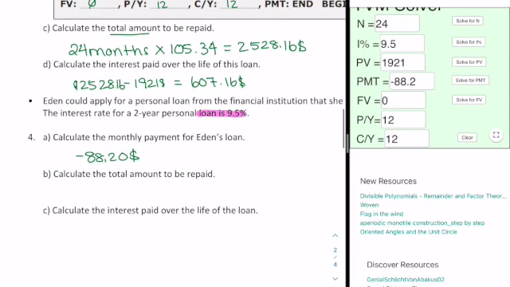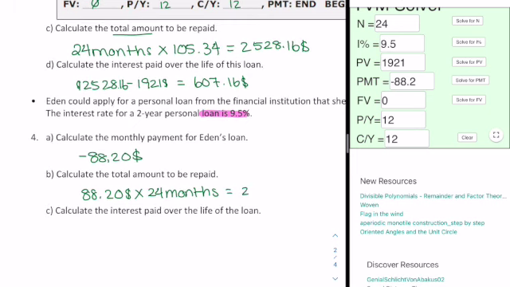And then the total amount to be repaid, once again, it's still 2 years, so 24 months, gives you $2,116.80.